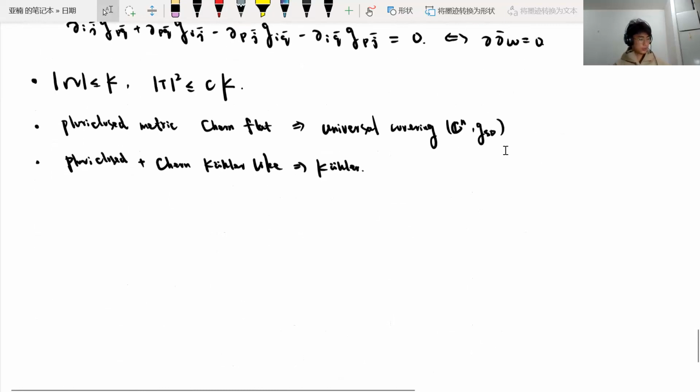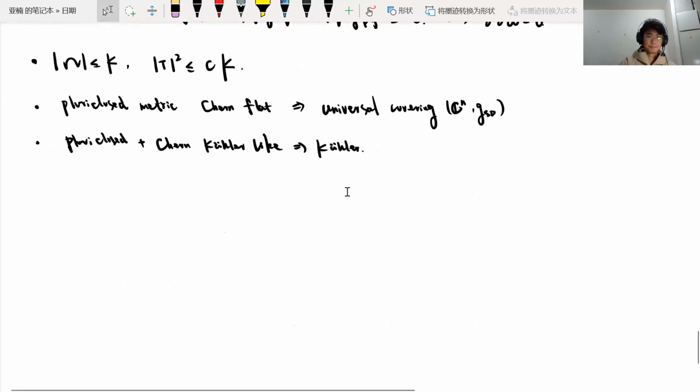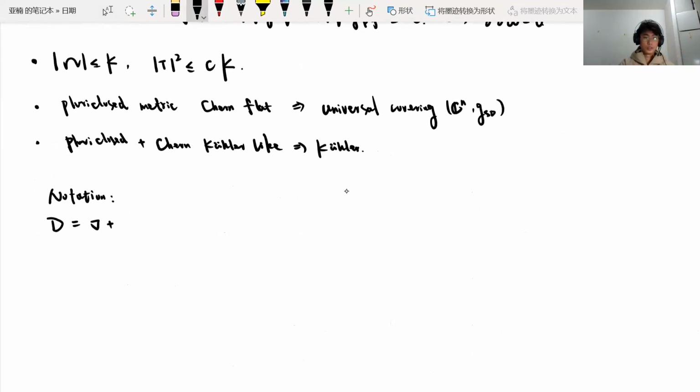And next, we give the estimate of the gradient of T. Here we will give some notations. We use D to denote the Chern connection and split it into the 1,0 part and 0,1 part.